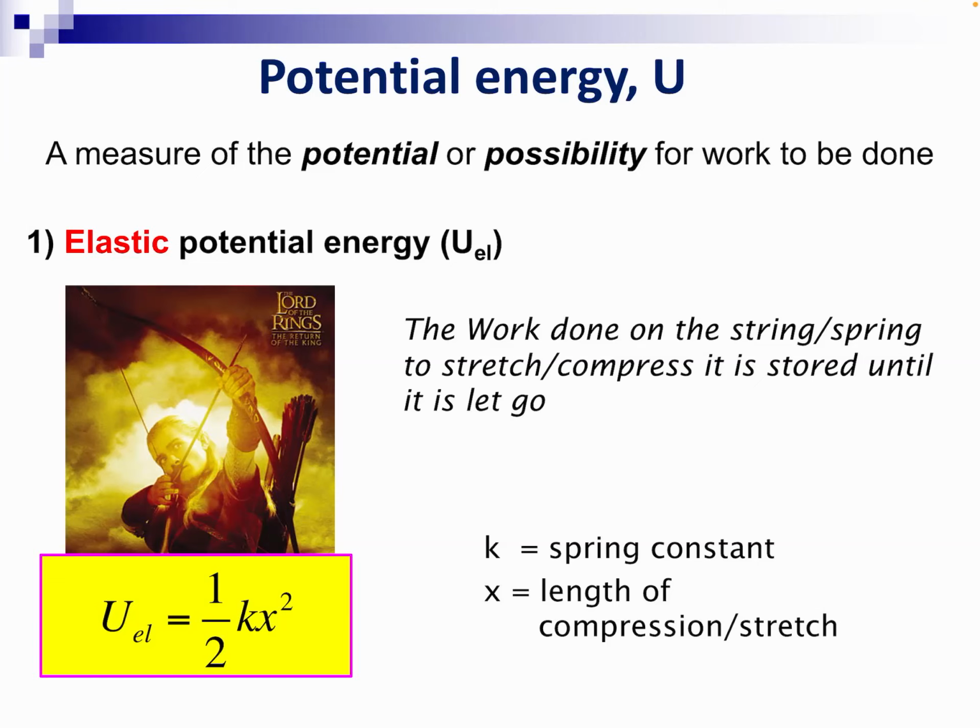The energy I used to do work in pulling this arrow is stored as elastic potential energy in this elastic band, so that this elastic band will now have the potential to do work. If I let go of the arrow, the elastic band will now exert a force on the arrow, pushing it forwards, and therefore it will have done work.